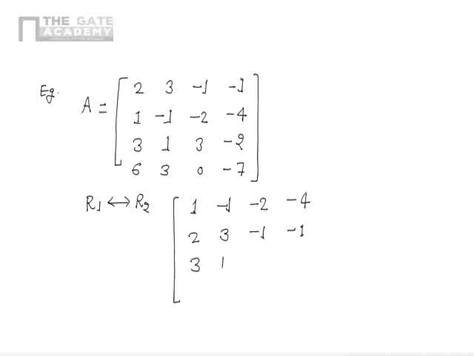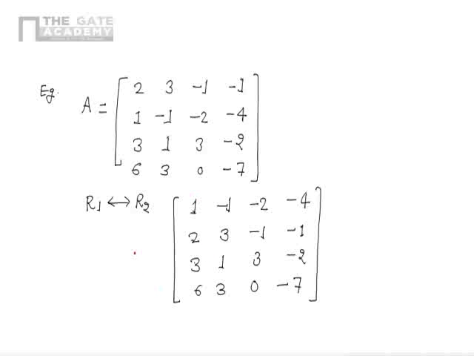And the remaining rows will be the same, 6, 3, 0 and minus 7. I made this element 1 so that I can use this one in order to make all the elements below the first element A11 to be 0.